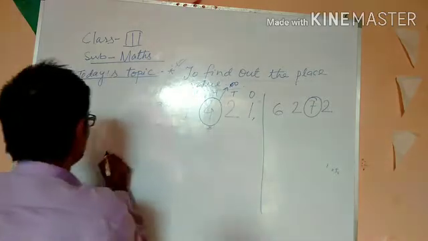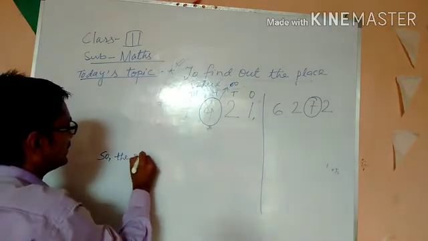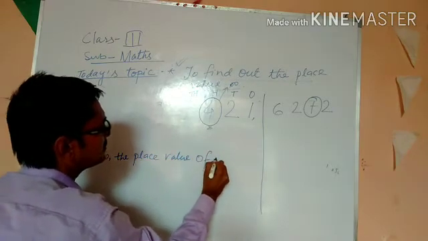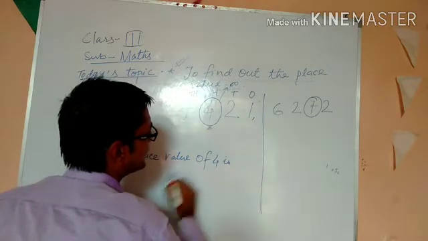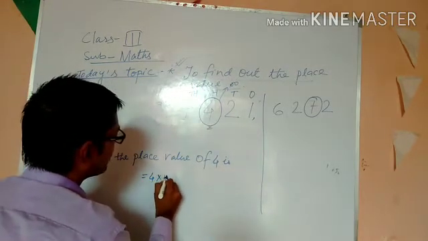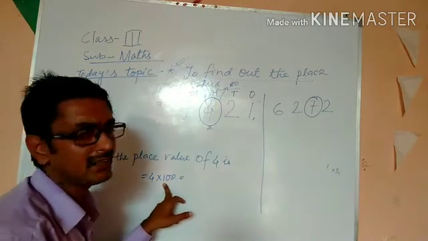So the place value of 4 is what? 4 multiply 100. Now you may have confusion about where we got the 100 from.